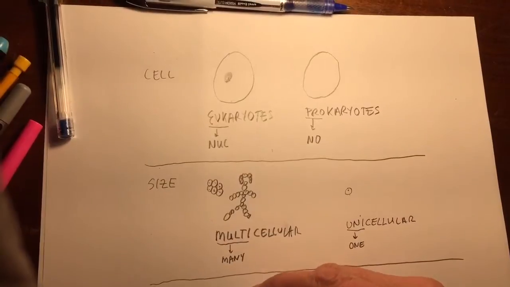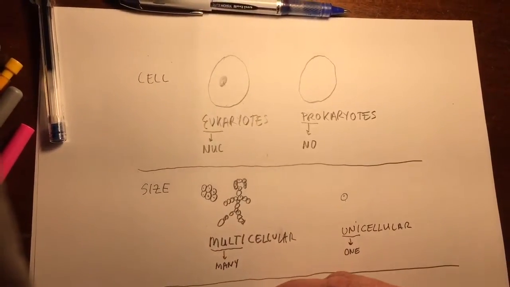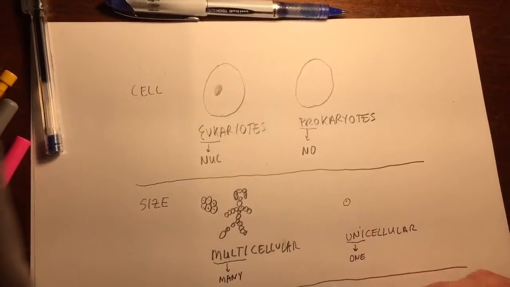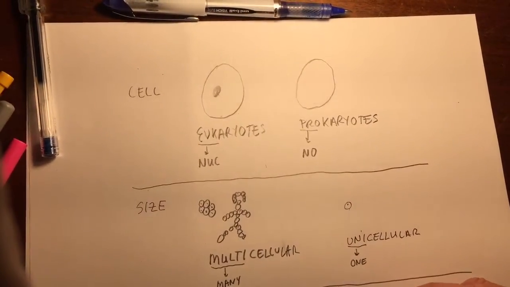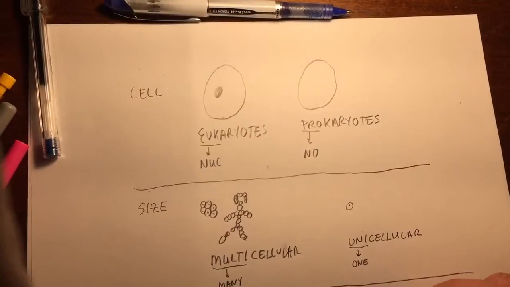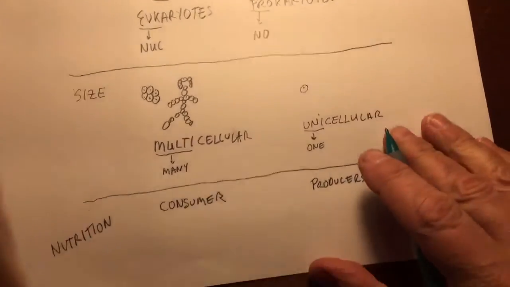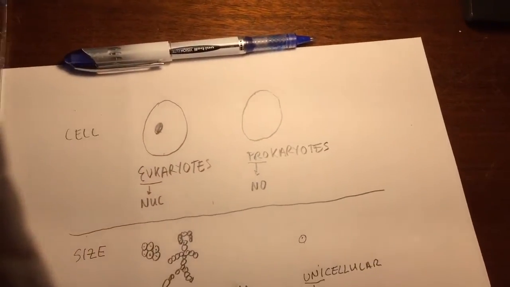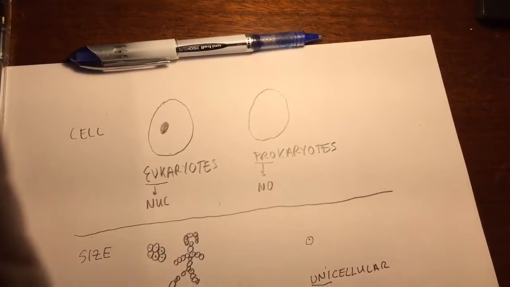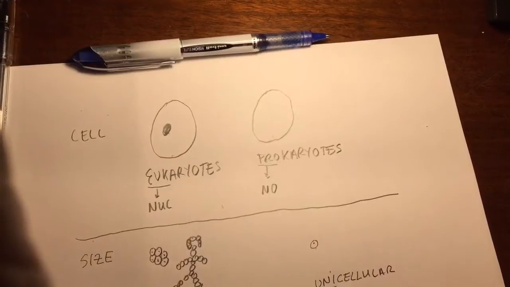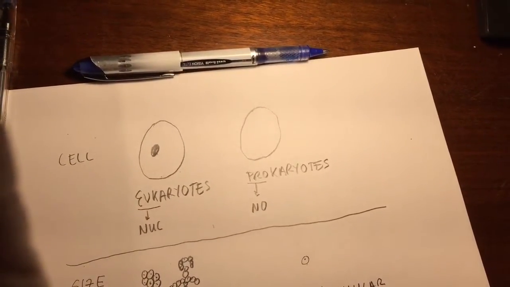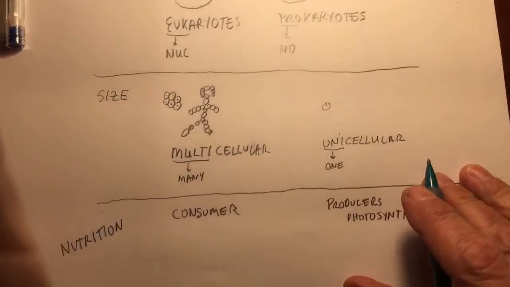So we've learned before that there are some things that are called consumers, and there are some things called producers. We know producers, most of them, can do photosynthesis. All right, that's our review.